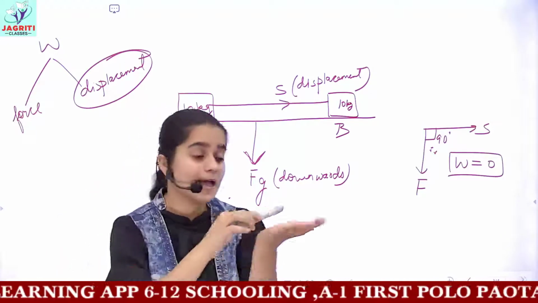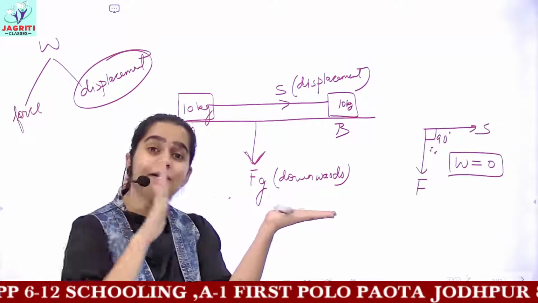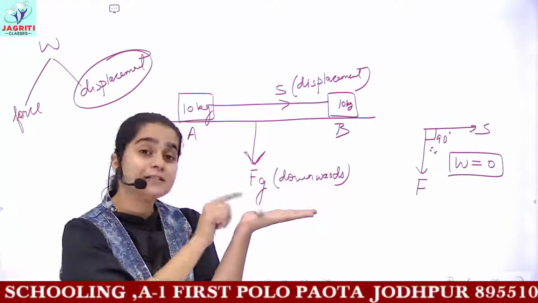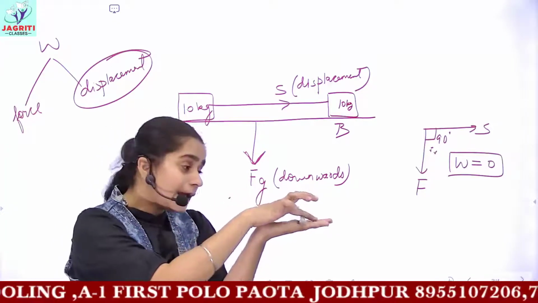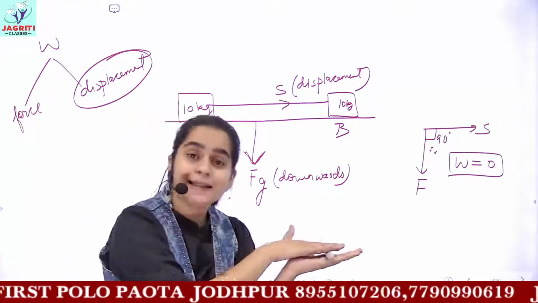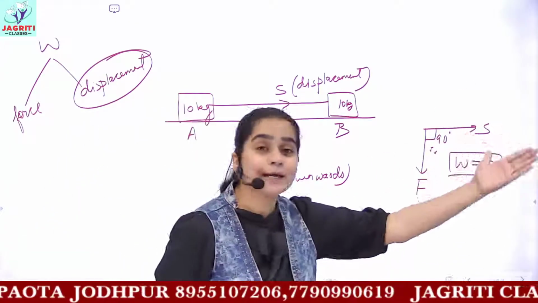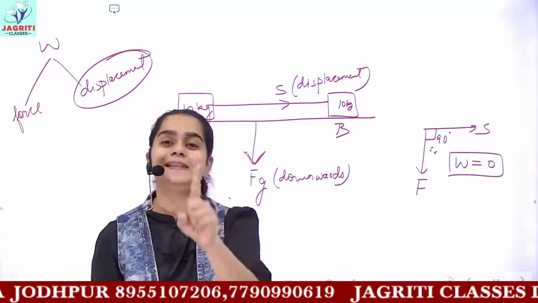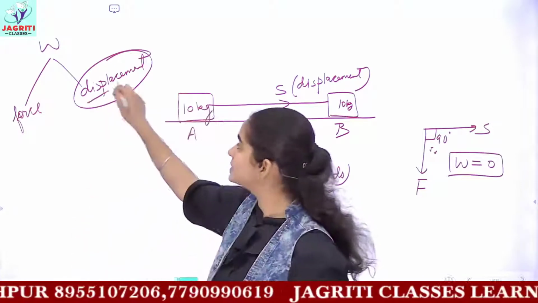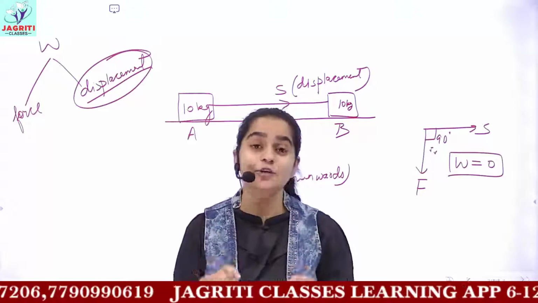If I am applying a forward force on this stylus or this marker, then either this pen should move forward or it should move backward. If the object is moving in the same direction as the force or in the opposite direction of the force, then only is this displacement considered correct. That is, then only is the work considered to be done.